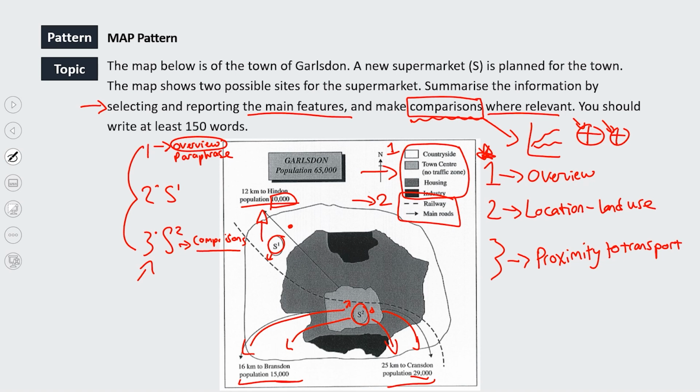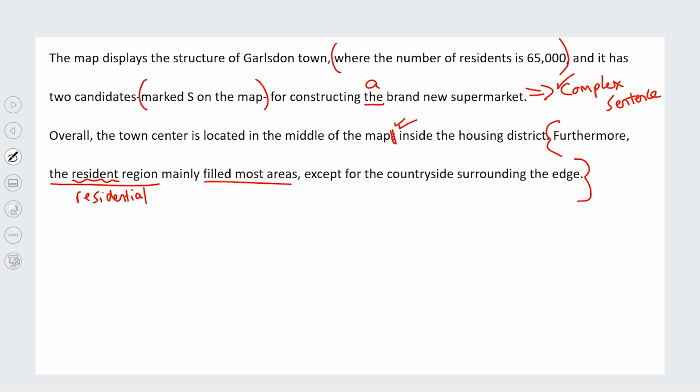What I would say is probably something like: the town center is located in the middle of the map, inside the housing district.